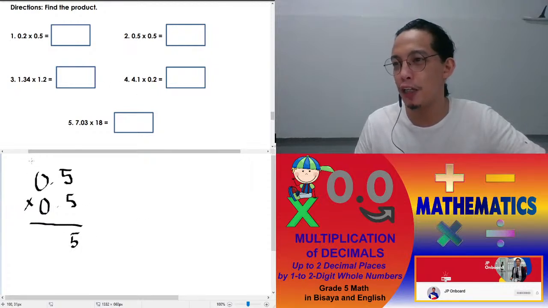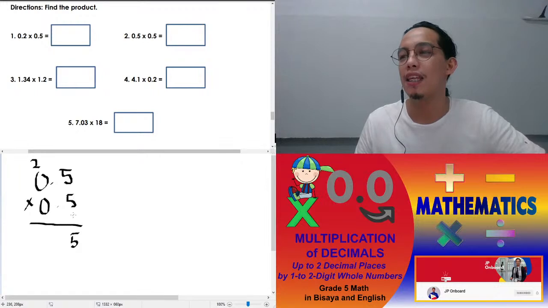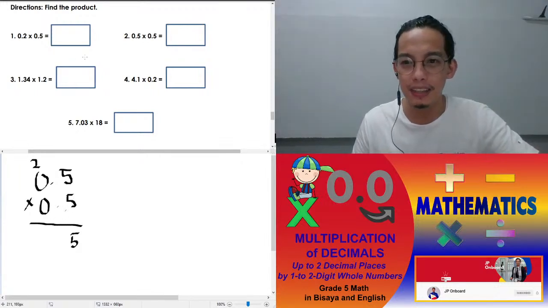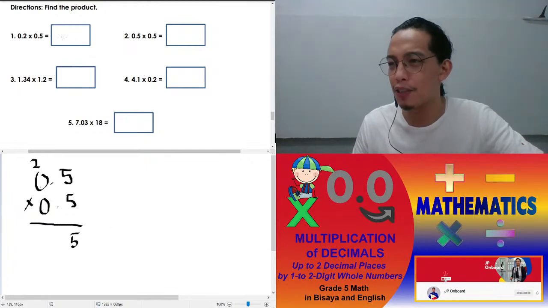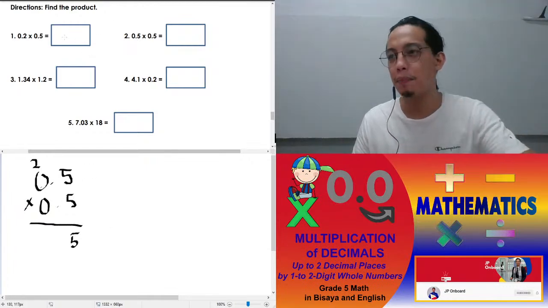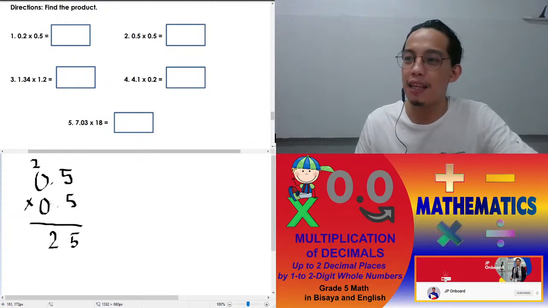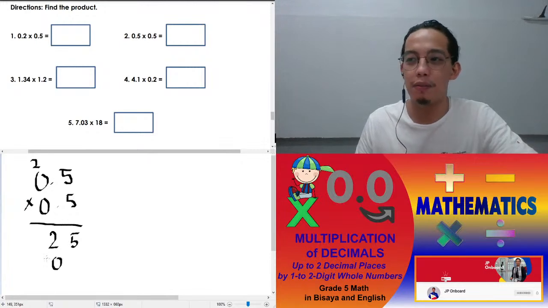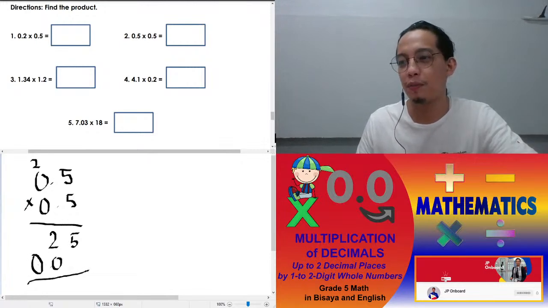Okay, 5 times 5 is 25. You put the 5 here and the 2 above, and then carry it. There are two digits in the answer. Then 5 times 0 is 0 plus 2 is 2. Next digit is 0 times 5 is 0, and 0 times 0 is 0, or you can just leave it blank.